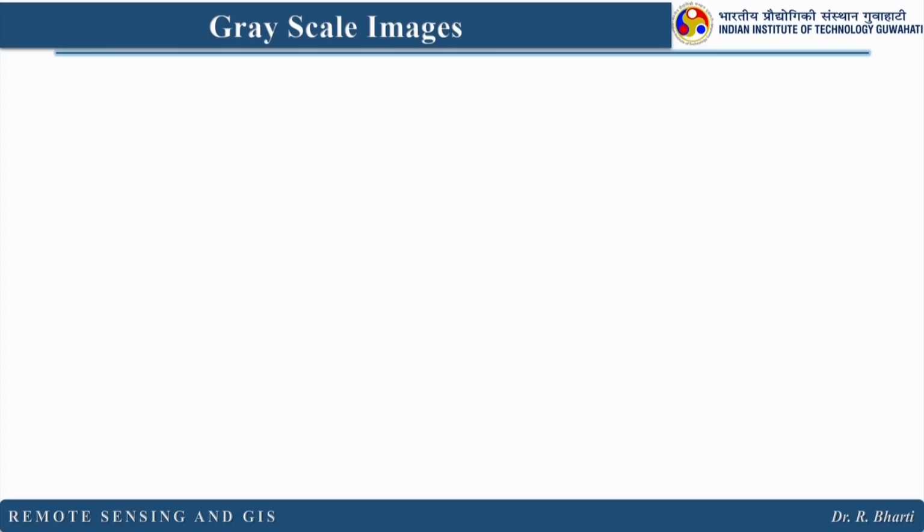So that flexibility we have with remote sensing, which we cannot have with our eyes. So that's why in standard false color composite, red color was representing vegetation, but here the green color will represent vegetation, right.